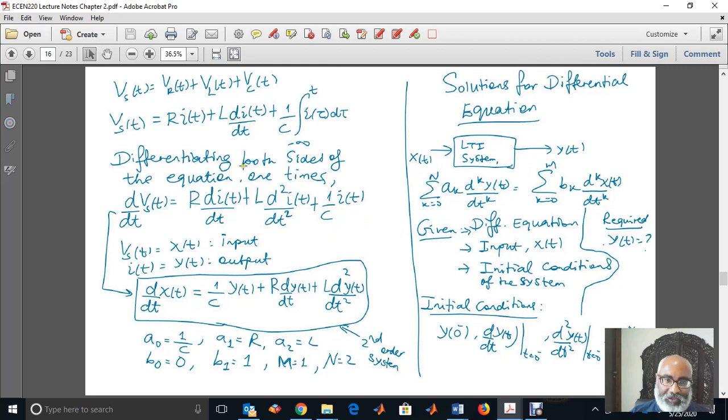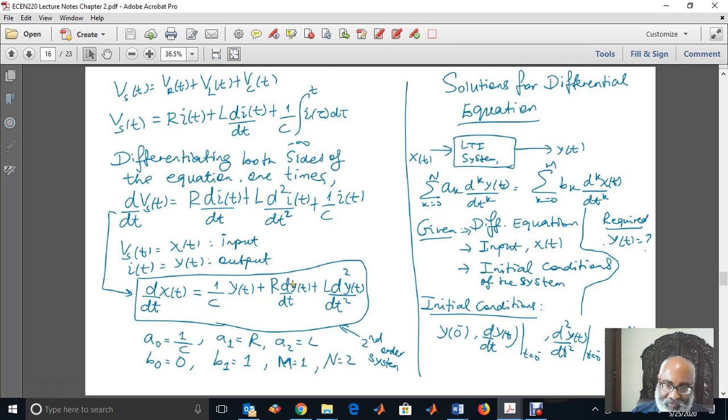Now this equation becomes a pure differential equation because I have only derivatives. Now Vs of t is x of t, the input voltage, and i of t is y of t, the output current. So substituting these variables, dx by dt is equal to 1 over C y of t plus R times dy by dt plus L times the second derivative of y by dt squared.